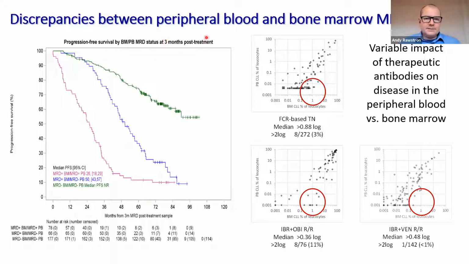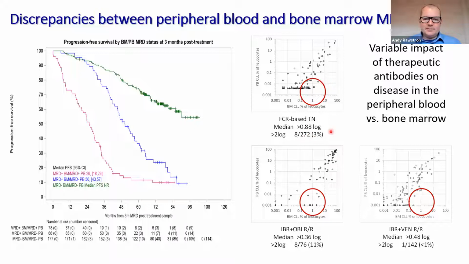And those discrepancies between peripheral blood and bone marrow are largely down to the choice of antibody therapy that's added in. So if you have rituximab, that will probably add about a log discrepancy, about 0.9 log discrepancy between the peripheral blood and bone marrow. And you'll see a small proportion of patients who have more than 2 log differences between peripheral blood and bone marrow.